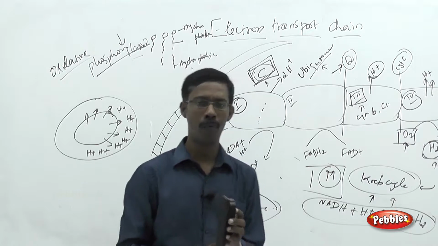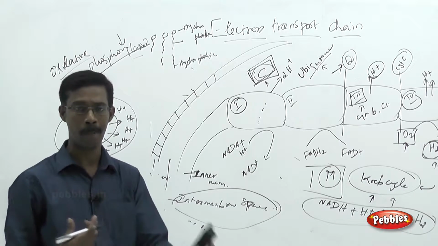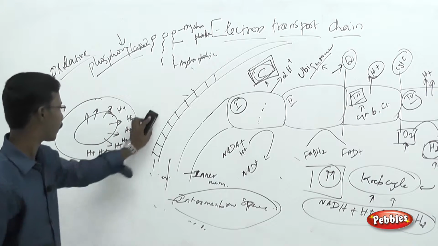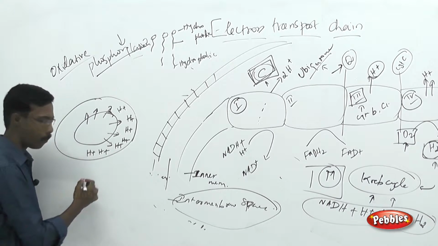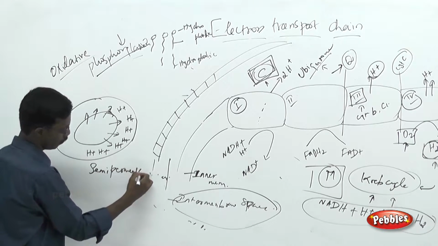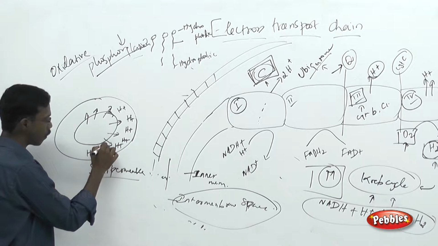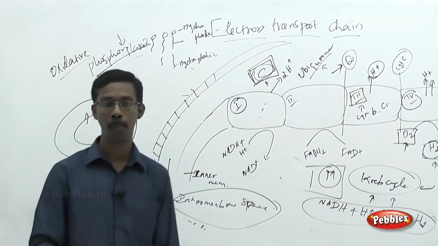The point you have to remember here is that the inner membrane is impervious to protons. As we all know, the membrane is semi-permeable in nature, so it will not allow charged particles to be transported without the help of proteins.